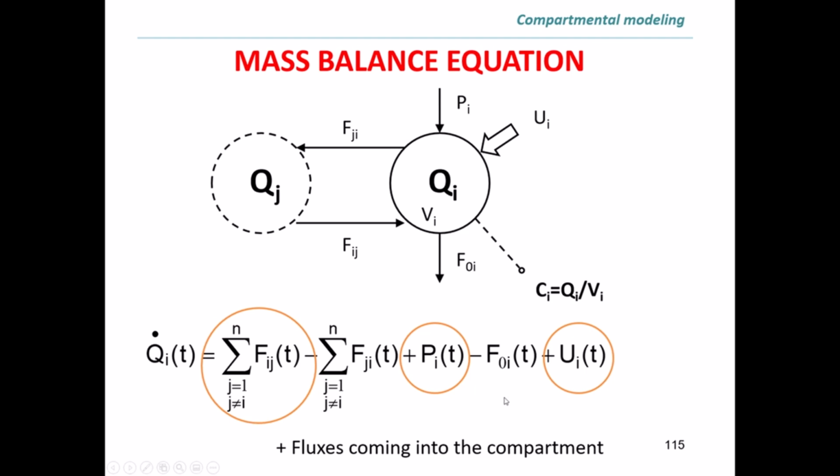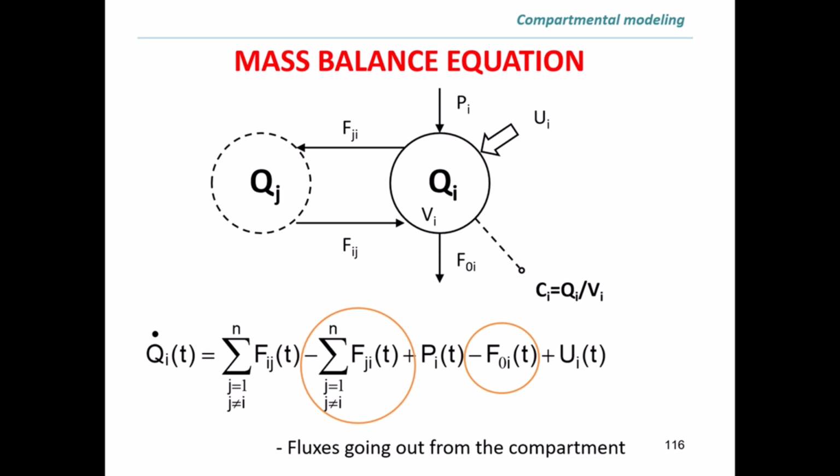In this mass balance equation, the fluxes coming into the compartment are highlighted with the orange circle. We have the sum of the fluxes FIJ, thus the fluxes between compartment I and the other compartments. Then we have the endogenous input PI and the exogenous input UI, all the fluxes coming into the compartment.